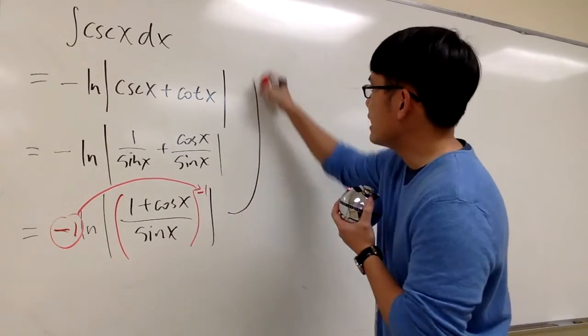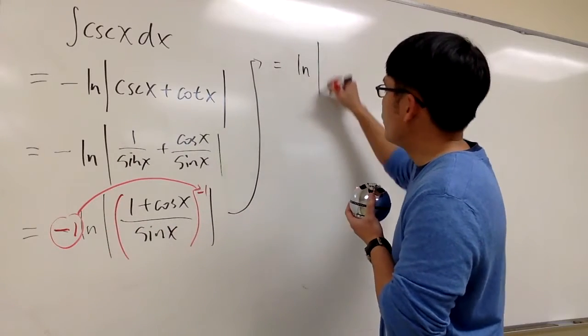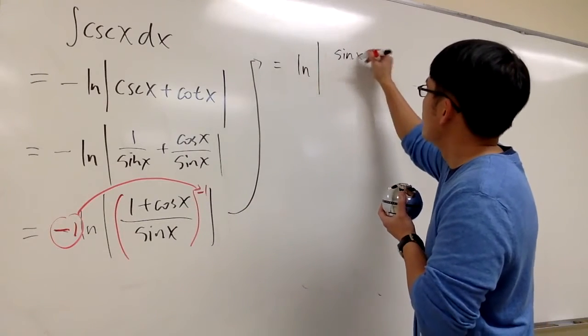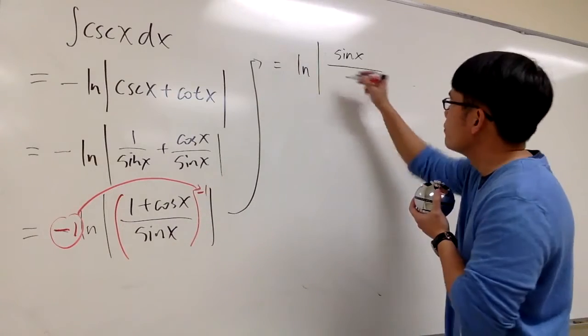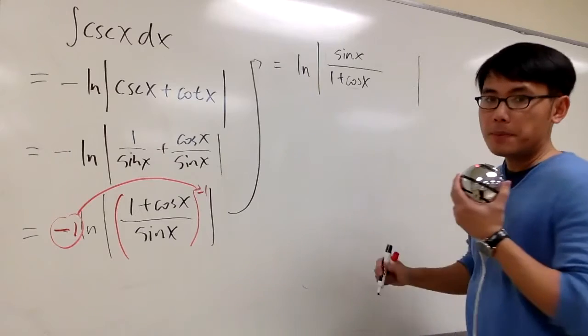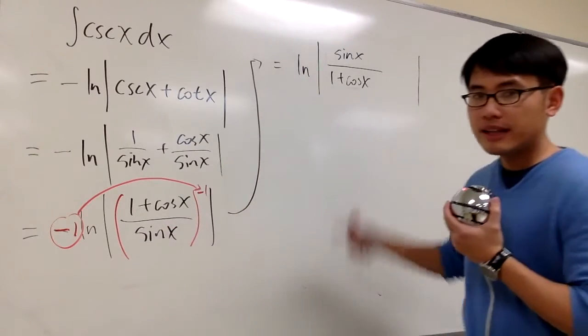So that's exactly what's going to happen. And then we will have a positive ln. And then the inside will be sine x on the top over 1 plus cosine x on the bottom. Once again, negative 1 exponent, you flip that. And that's what we have now.